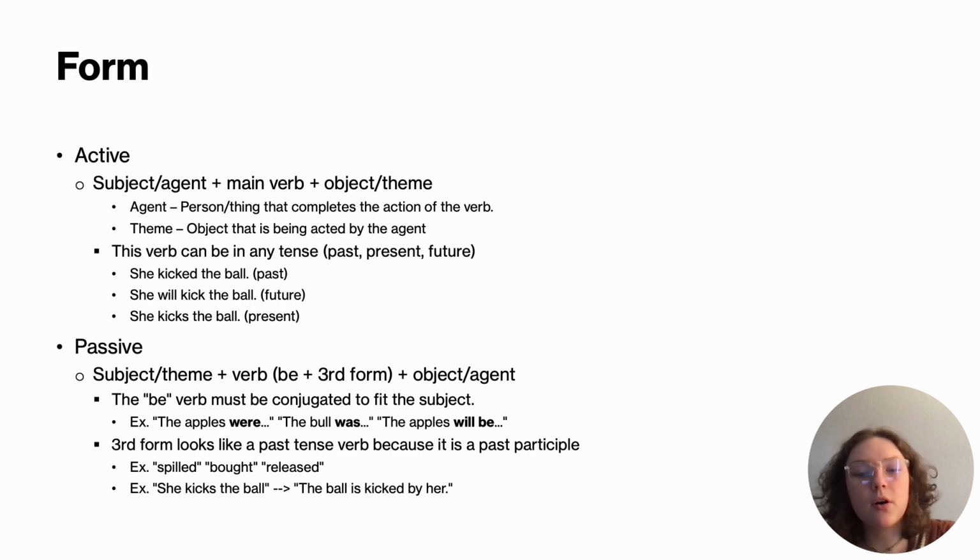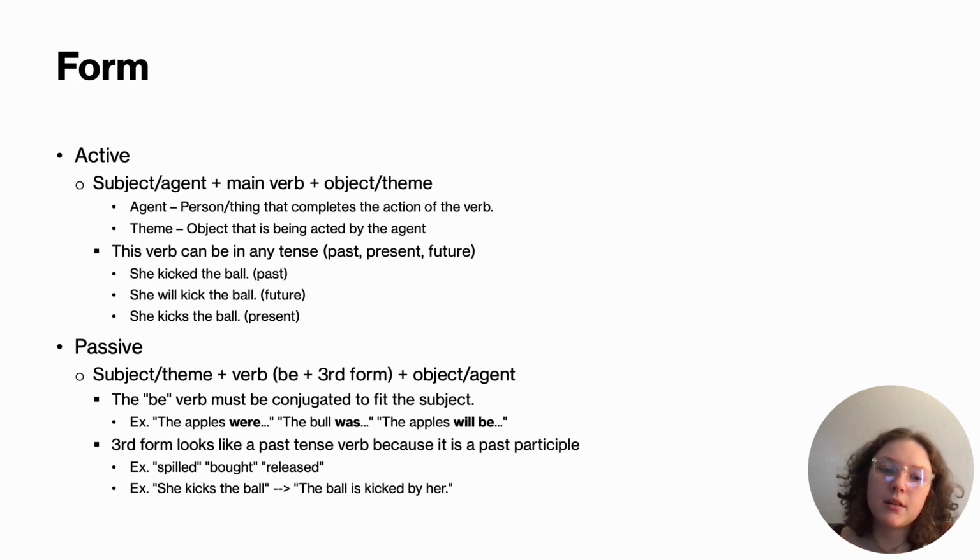And then also, sometimes be shows up, which might look unconjugated. For example, in the future tense, the apples will be, where will is carrying the tense, and be doesn't necessarily get conjugated.